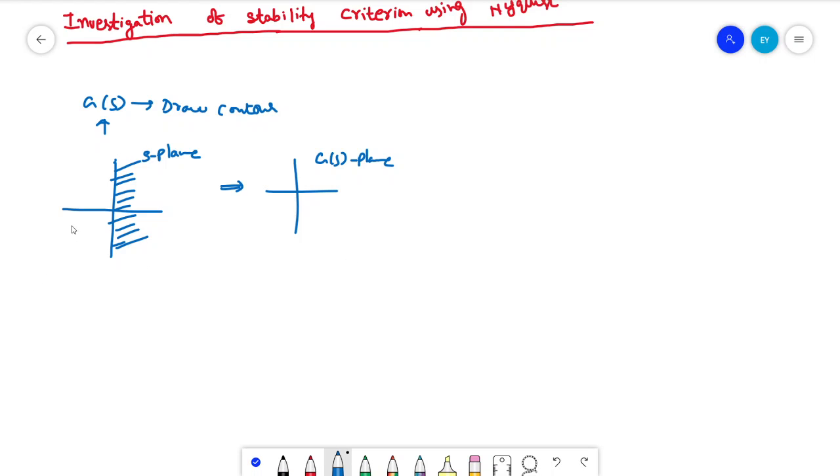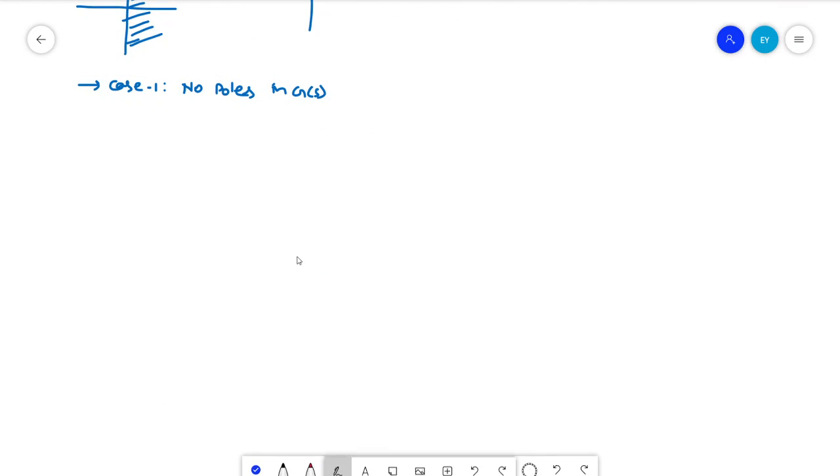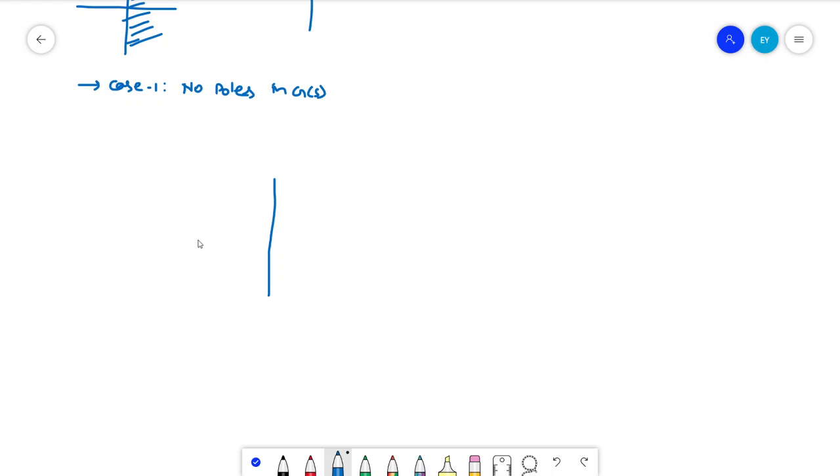Okay, so in the first case, if you don't have any poles in G of s, in the open loop transfer function, to draw a contour, the contour is actually a plot which starts from minus infinity to infinity, which covers the whole right hand side plane.